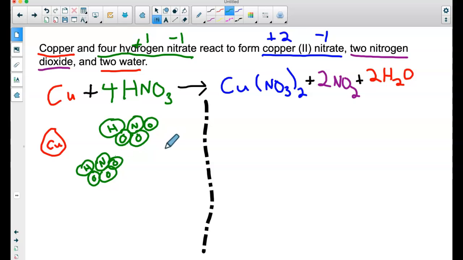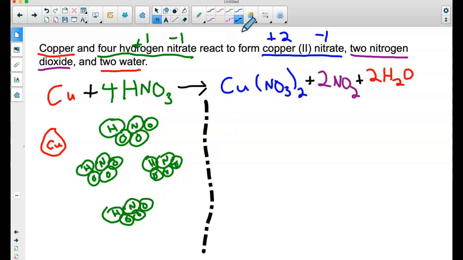So there's 2. And I'm making each clump have 1 hydrogen, 1 nitrogen, and 3 oxygens. And there's my last one.